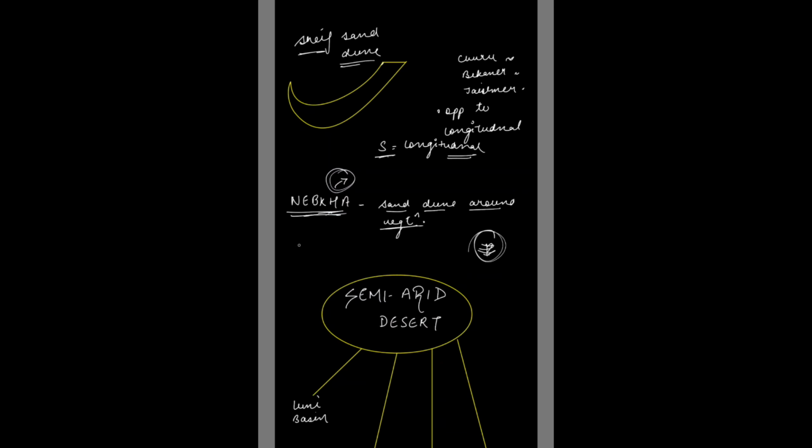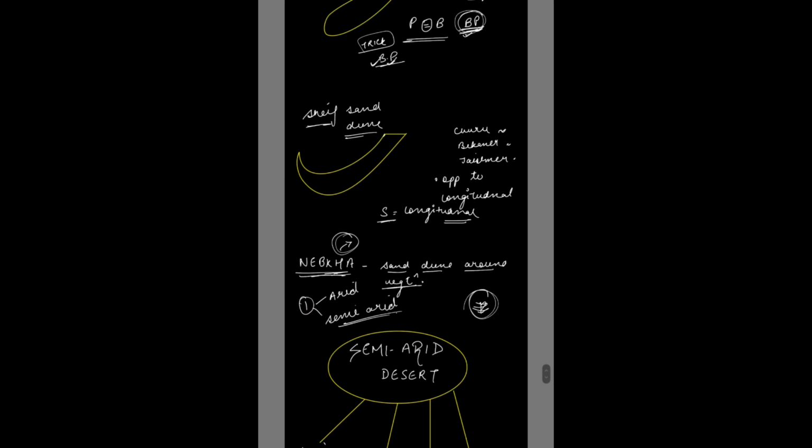We have completed the first part of the desert, that is the arid part. Now we need to focus on the semi-arid. Let us recall some facts which are important for us.